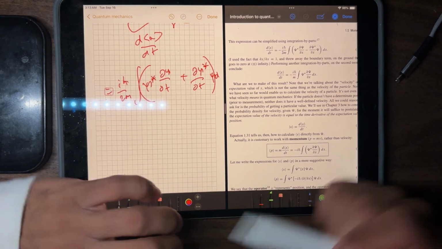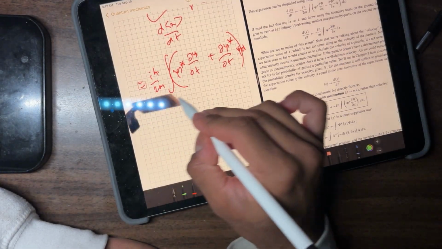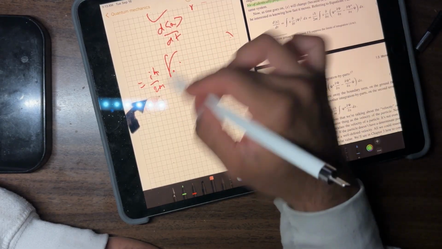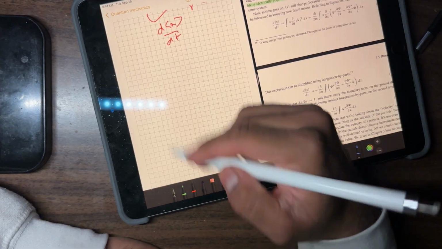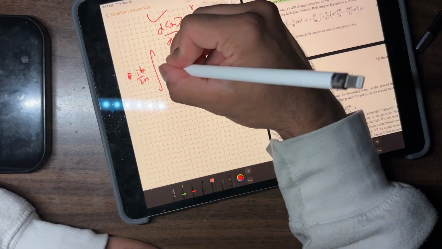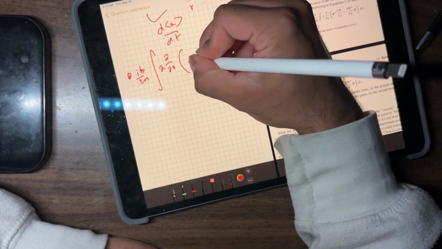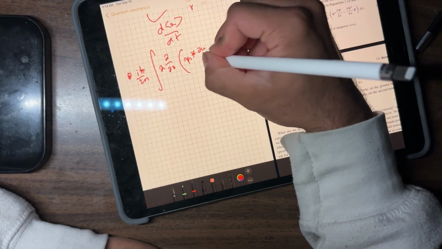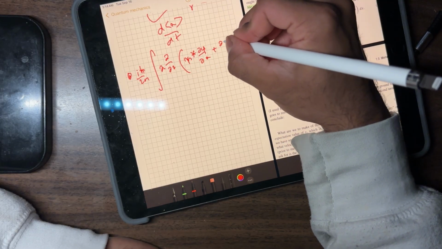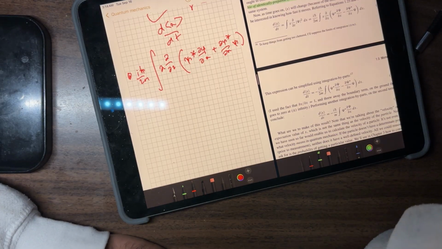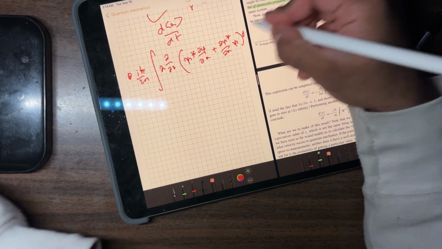Wait. So what did you exactly do? So I made a mistake there. It should be iħ/2m integration of x ∂/∂x of psi conjugate ∂psi/∂x plus ∂psi conjugate/∂x psi. This should be the case. dx.